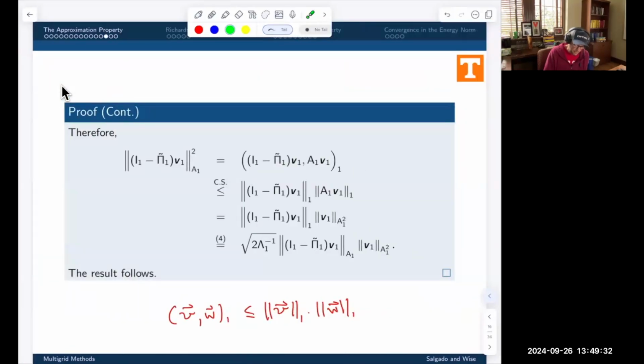So I use 4. I'm just going to plug that in, using the identity I have for this. But before I do that, I recognize that this term here, which I covered in the preliminary steps of this chapter and in the last lecture, comes out as this heavier norm, this double energy norm, A1 squared.